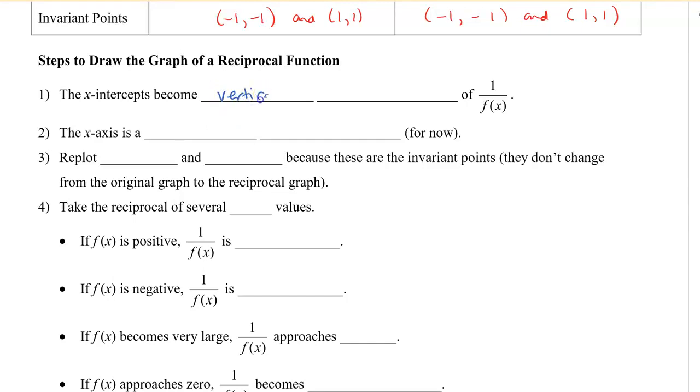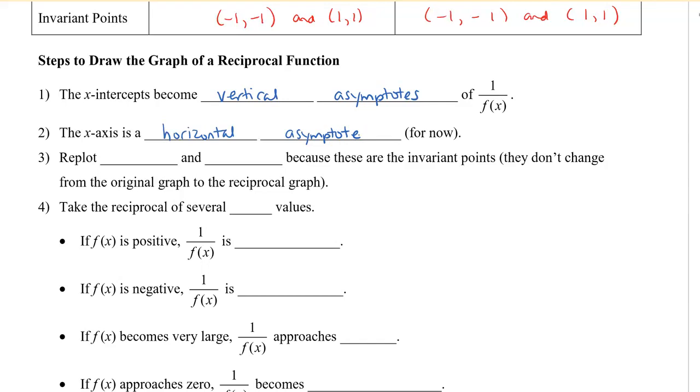So all the x-intercepts become vertical asymptotes. And then the x-axis, at least for now, will become a horizontal asymptote. Now that changes later on when you get to higher levels of math, because we can move that asymptote around.